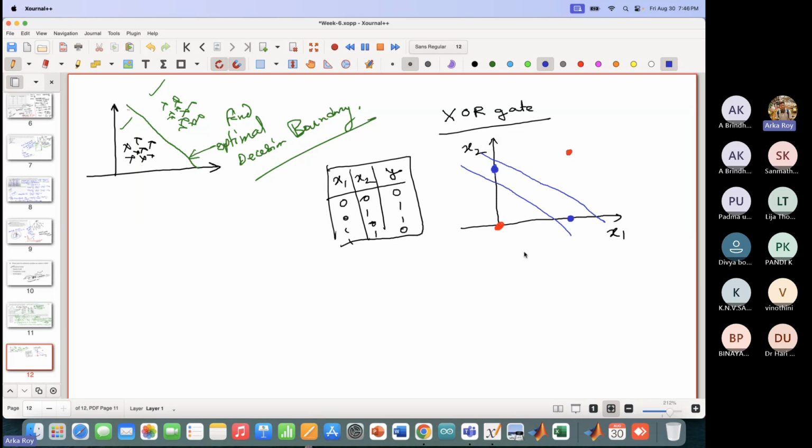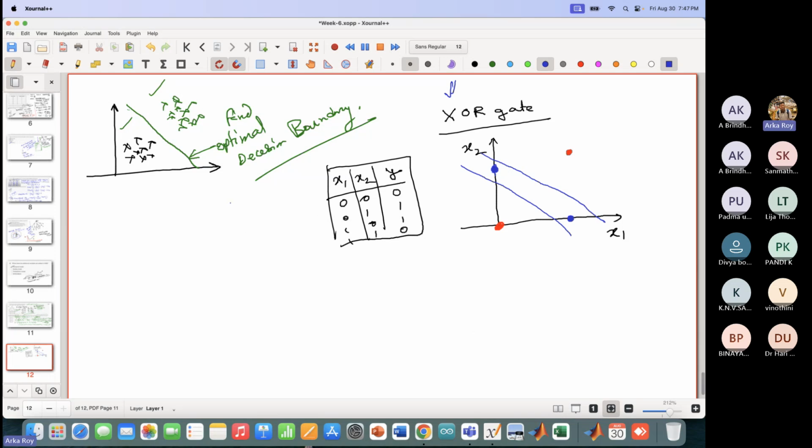In SVM, we try to find a unified decision boundary, which is an optimal decision boundary that gives the highest margin for classification. You can see XOR gate based examples through which we can see how SVM performs.